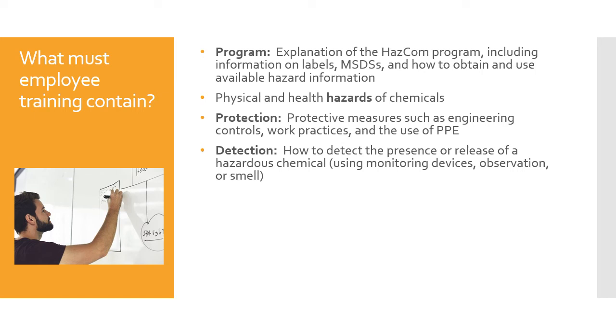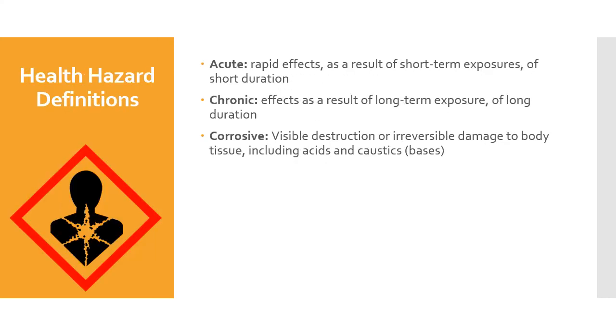Detection: how to detect the presence or release of a hazardous chemical using monitoring devices, observation, or smell. Health hazard definitions. Acute: rapid effects as a result of short-term exposure of short duration. Chronic: effects as a result of long-term exposure of long duration. Corrosive: visible, destructive, or irreversible damage to body tissue, including acids and caustics, bases.